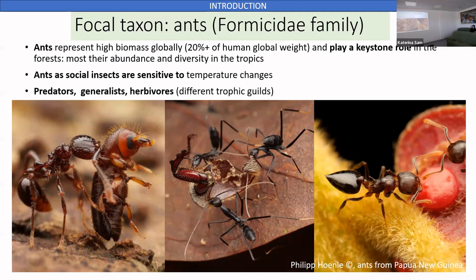And they are also interesting from a functional perspective, because especially in the tropics, we can divide them into more special groups like predators, scavengers and omnivores, or some species which are more dependent on plant resources. So either directly, like nectaries, as you can see in the picture by Philip Henle, who made these nice photos in Papua New Guinea, or also on honeydew from some homopteran insects, for example.